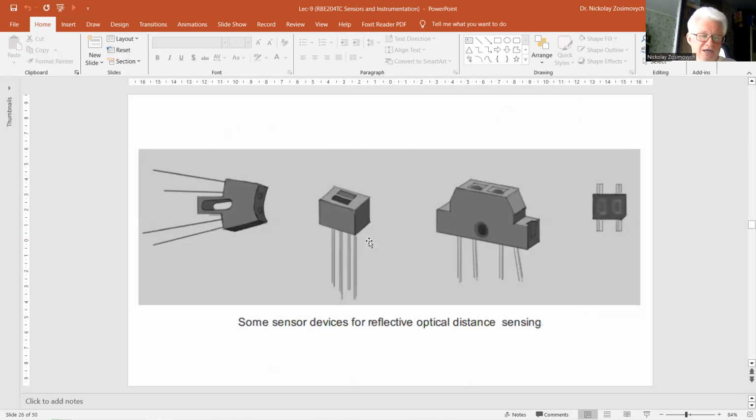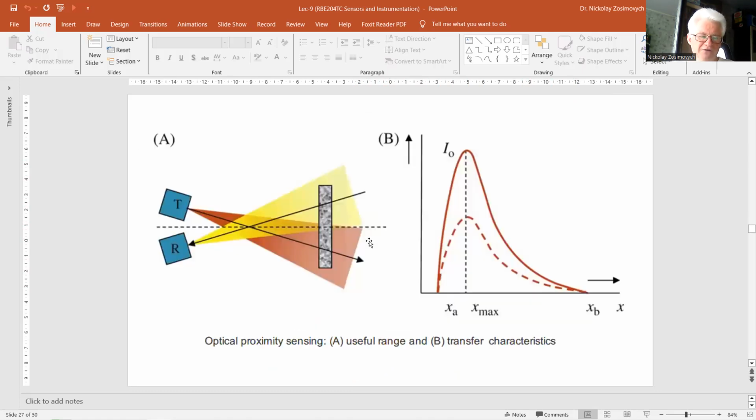For contact-free distance measurements, according to figures C and D, special devices are available in which the emitter and receiver are mounted in a single housing, as you can see in this slide. When configured for small distances, this sensor system is referred to as an optical proximity sensor.